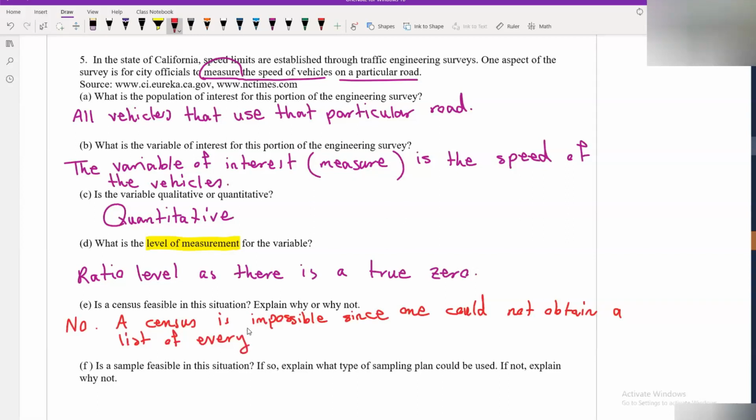So we cannot obtain a list of every single vehicle that uses or will use the road.